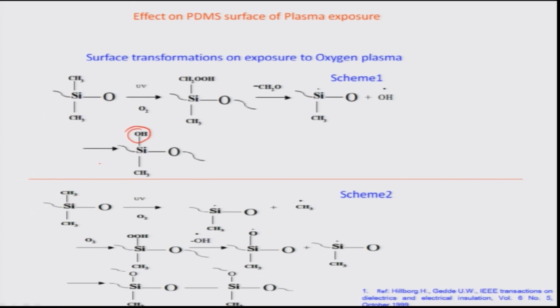Okay. And so, there are various schemes to point this out. One scheme, through a UV and O2 plasma, you have a CH2OH which changes into a dangling bond, and there is an OH already existing through the water vapor in the plasma chamber, which comes and sits on top of this dangling bond. Another scheme, again, has several different intermediate steps as illustrated to finally formulate the SiOH at the top of such a surface.